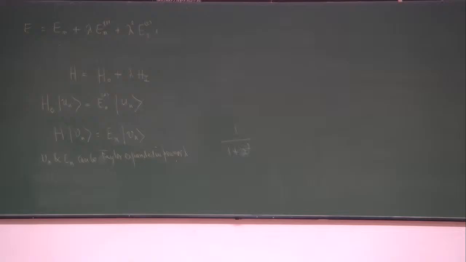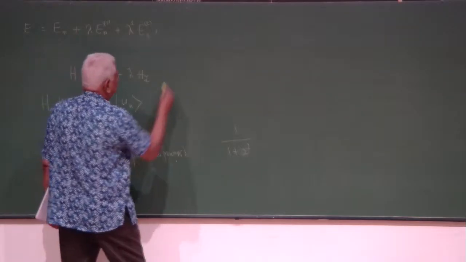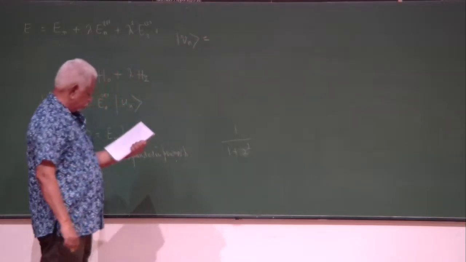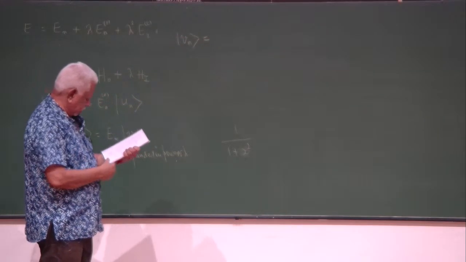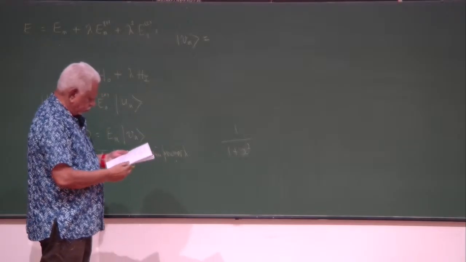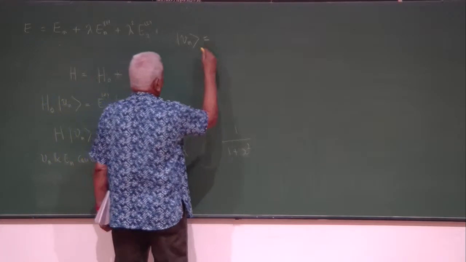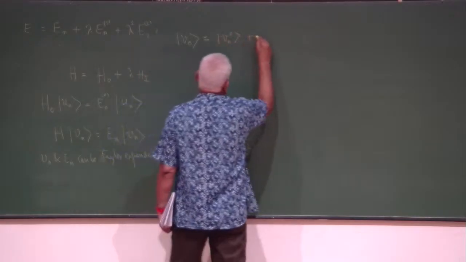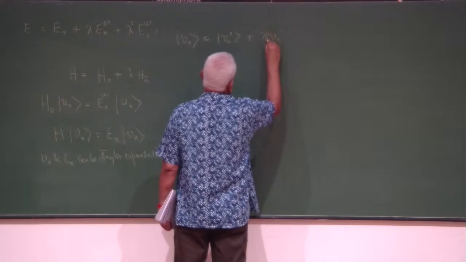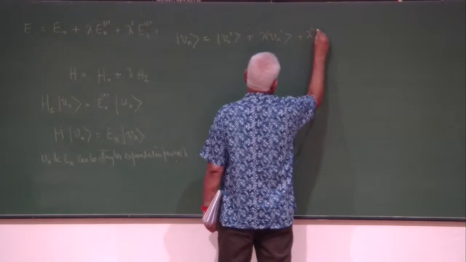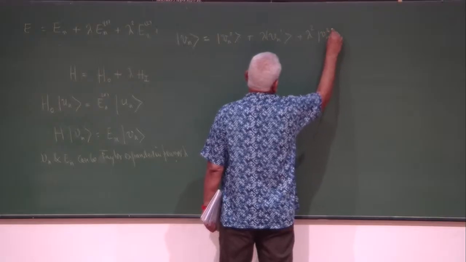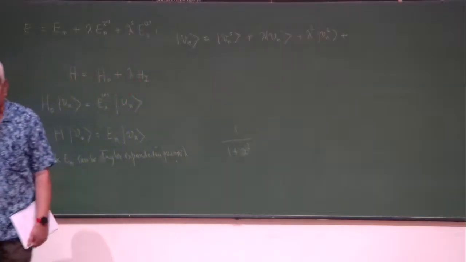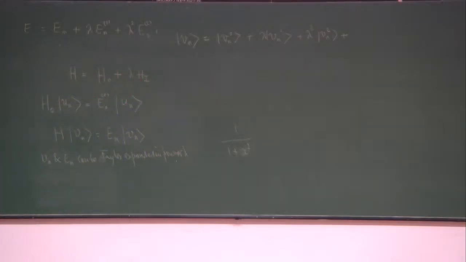So what am I going to write down now? I am going to write down Vn is equal to Vn0 plus lambda times Vn1 plus lambda square times Vn2, etc., etc. Okay, it is expanded in a series of powers of lambda.